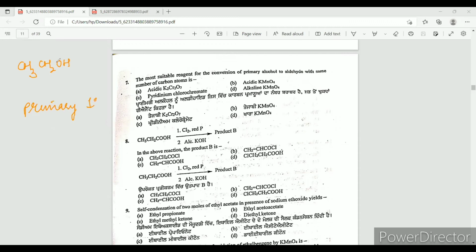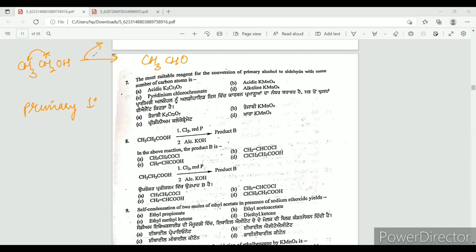Because this carbon is directly attached to only one carbon. So that is why it is primary. The question says we have to convert this primary alcohol into aldehyde. Aldehyde is CH3, CHO. And the carbon number should be the same. There are 2 carbons in the reactant and there are 2 carbons in the product.